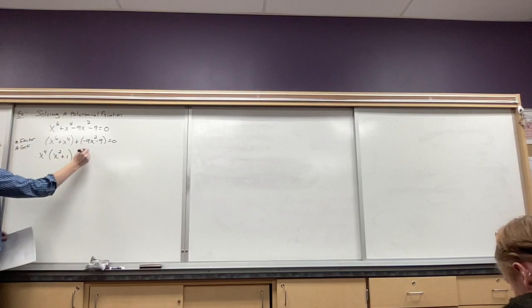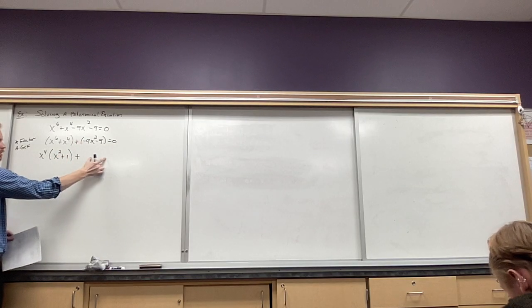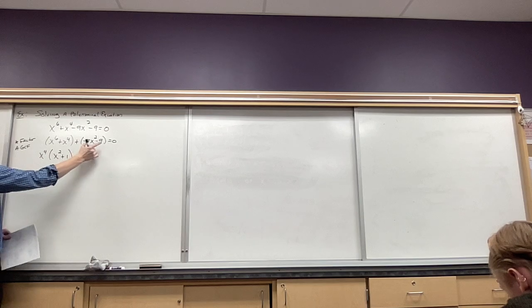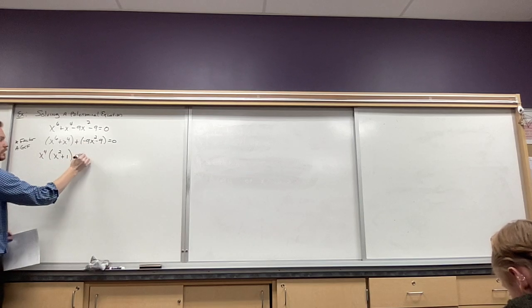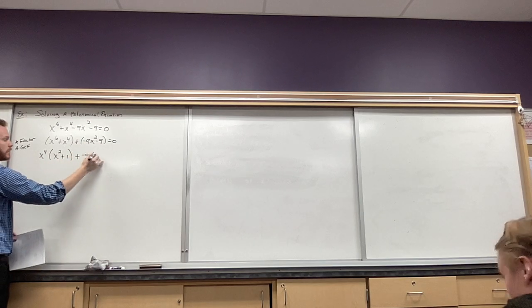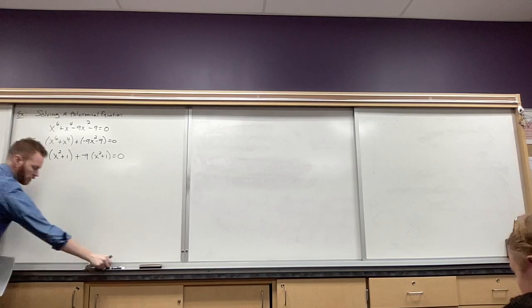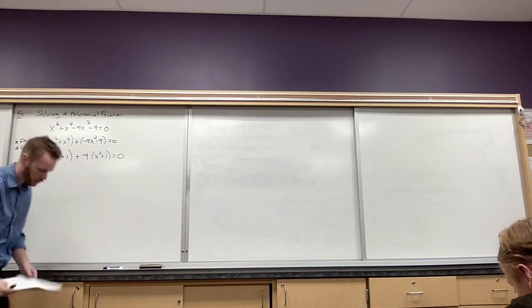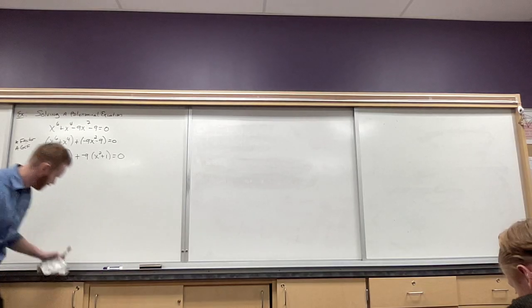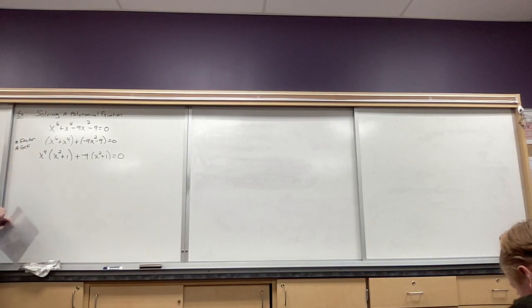On the other side, again, I want this to match over here. These are both positive, so I should take a negative out here as well. So we'll do a negative 9, and we get an x squared plus 1. Okay, which is perfect. Wow, I cannot hold things in my hand. Save my life. There we go.